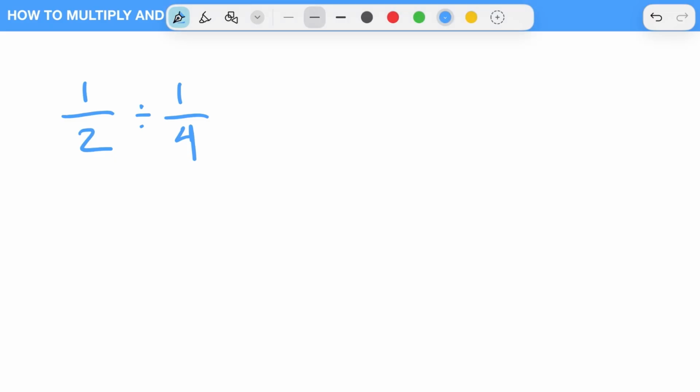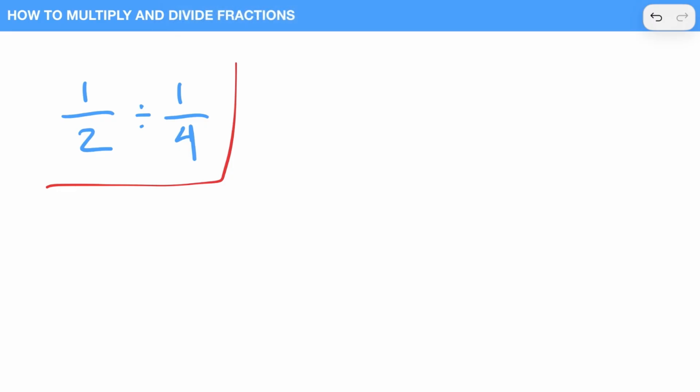Let's say I wanted to divide 1/2 and 1/4. Now I'm going to stick a pin in this for now, and what I want to do is bring to the surface something that I think is rather intuitive.